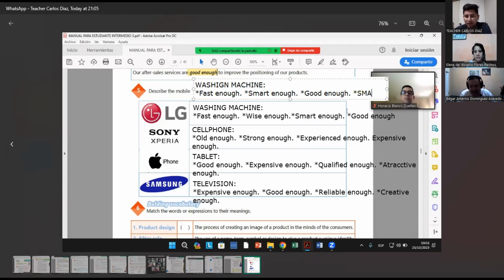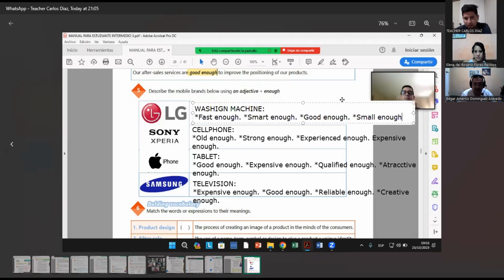Listen, Elena, Edgar, and Lenin, fast enough. If you want to say no es lo suficientemente rápido, you are going to say not fast enough. That is the negative. Not good enough.